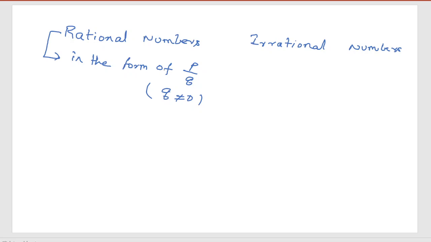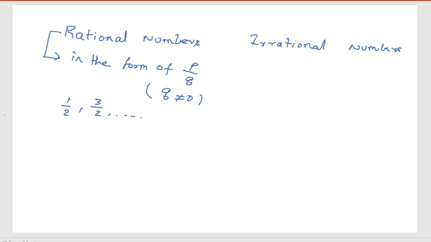So rational numbers are in the form p by q, where q is not equal to 0. Examples are 1 by 2, 3 by 2, and so on.